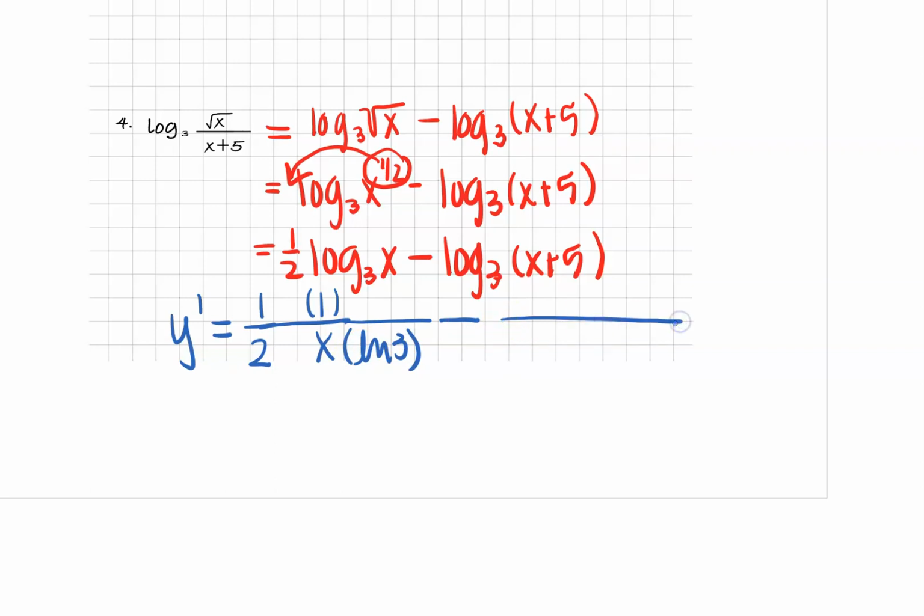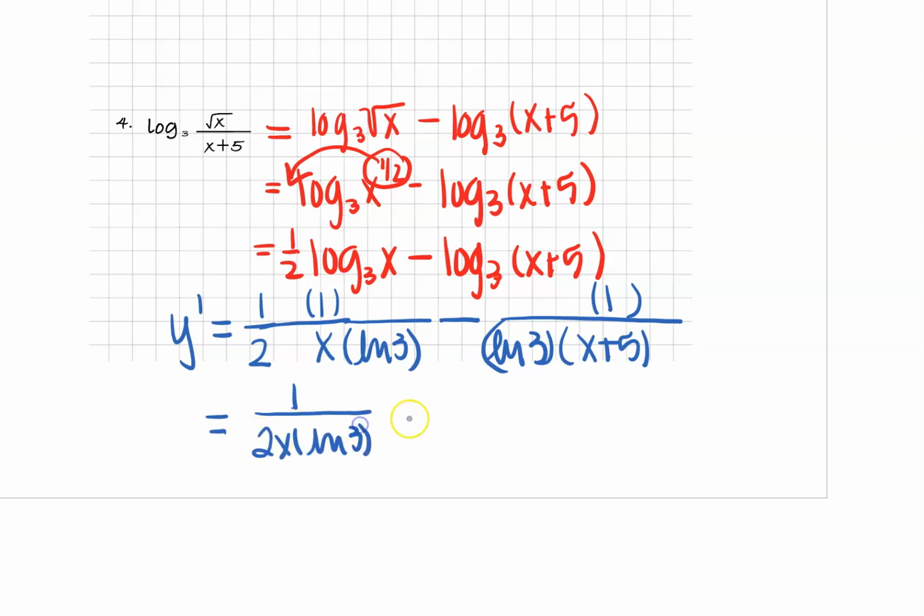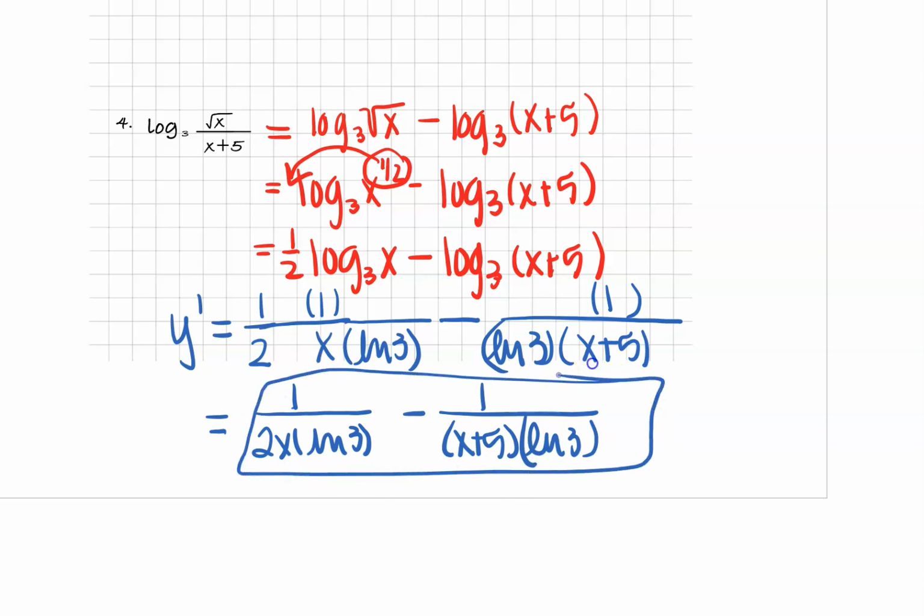Minus, draw my fraction bar again, I'm going to put whatever I'm logging on bottom, its derivative on top, ln of the base. So what I'm looking at now is 1 over 2x ln 3 minus 1 over x plus 5 ln 3. And that would be my answer.